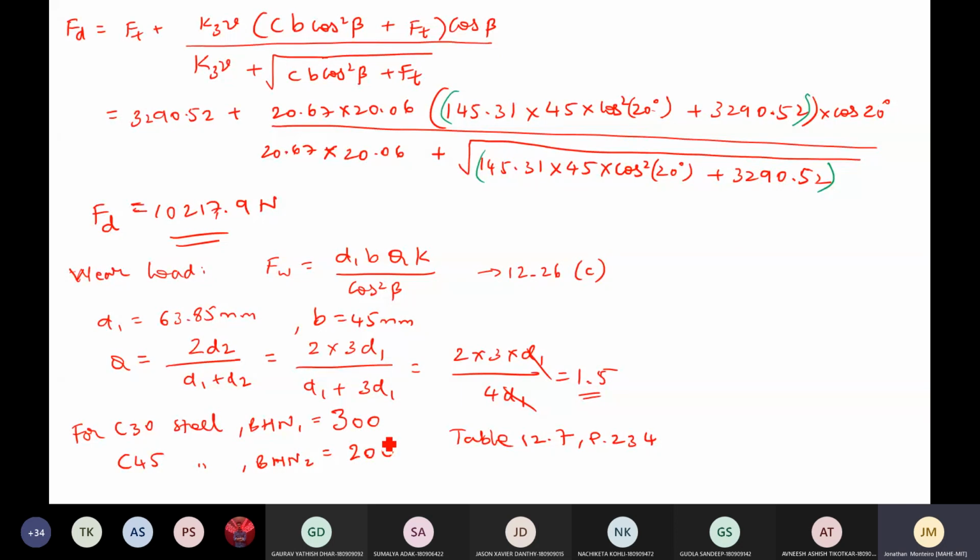Let us first check whether this combination is available in 12.16. Hold on students, I need to add one slide here.